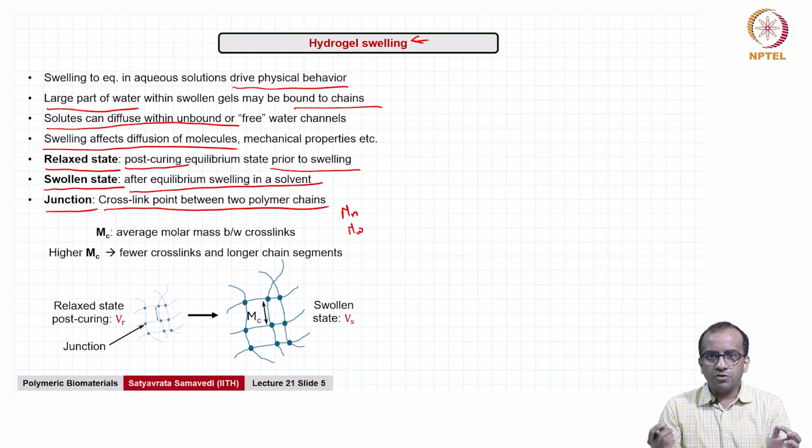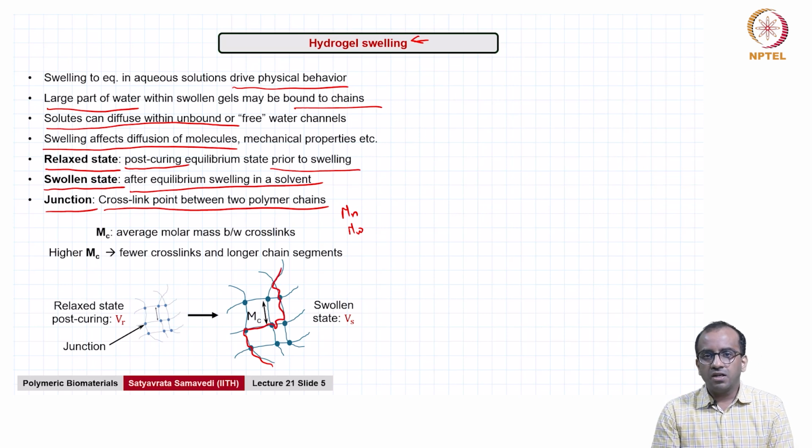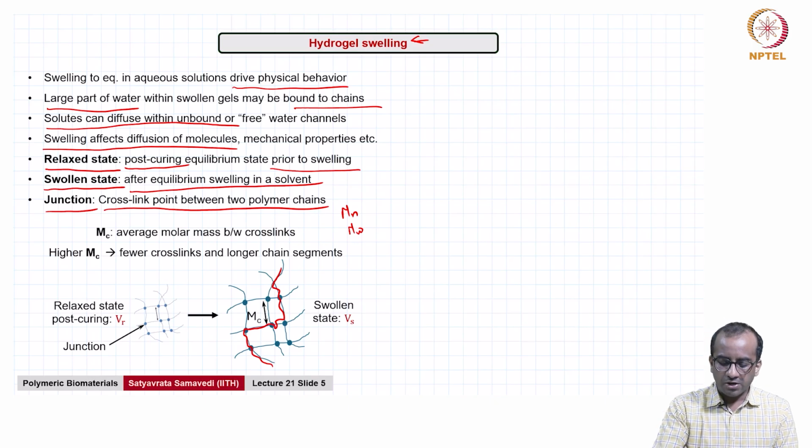Because you have individual chains, in Mn, you can count across chains and average them. But in the case of a hydrogel, it is a bit more difficult to imagine, because in some sense it is essentially one big large macromolecule. You can trace your way throughout the network, right? So, how do we even understand what molar mass is for a hydrogel network?